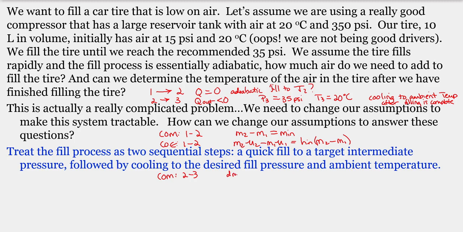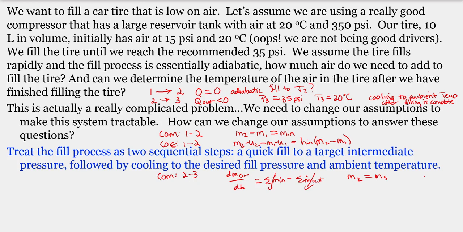Remember, always write it in the general form. And we look at this expression and say, well, filling has been completed, so there is no mass flow rate in or out of the system. So what you're left with is that the mass at state 2 has to be identically equal to the mass at state 3. Hopefully that makes sense to everybody.